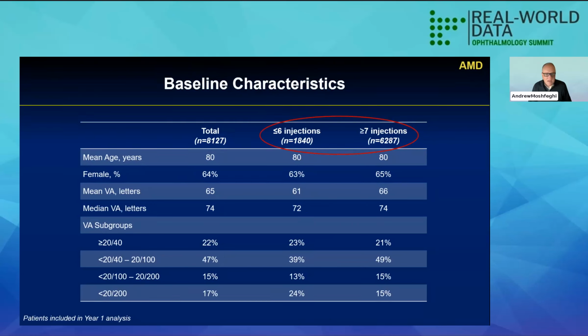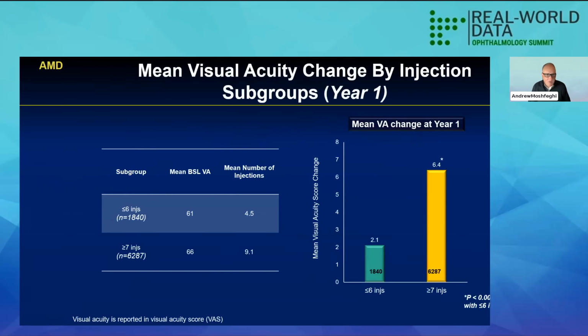This comprised about 1,840 patients who had less than 6 injections and about 6,287 patients who had 7 or more injections. You can see the breakdown between the visual acuity subgroups in the bottom rows, with approximately 40 to 50% of patients being between 20/40 and 20/100.